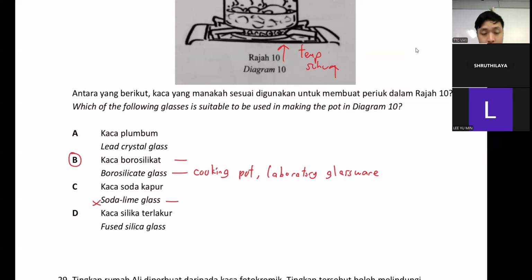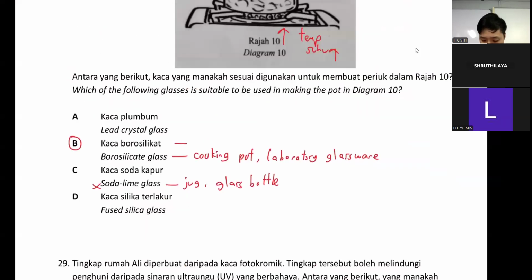Soda lime is normally used for things like jugs and glass bottles, wine bottles and so on, which cannot tahan heat. Physics glass is normally used for things like telescopes. Lead crystal is normally used for some crystal items or car headlights, for example. Yeah, I think that's it.